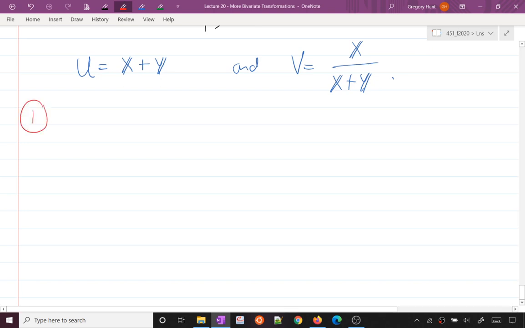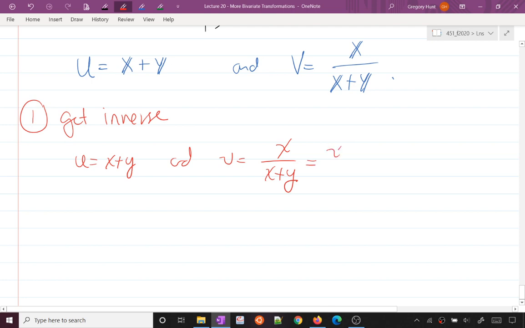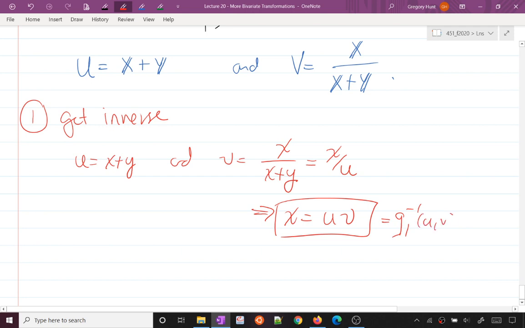So step 1 is get the inverse transformation, right? So u is x plus y, and v is x over x plus y, which is x over u. And this implies that x is uv. Well, there's one of the inverses. That was g1 inverse of u and v.